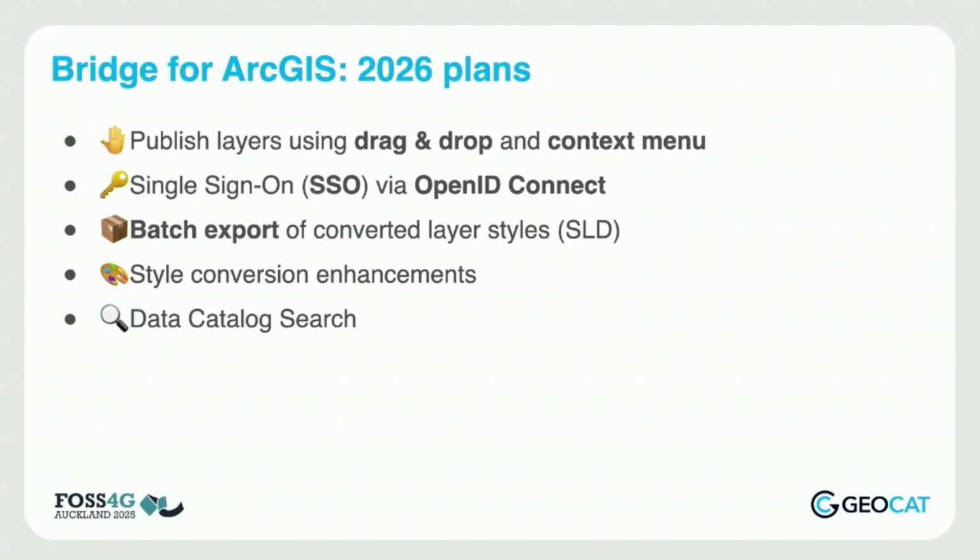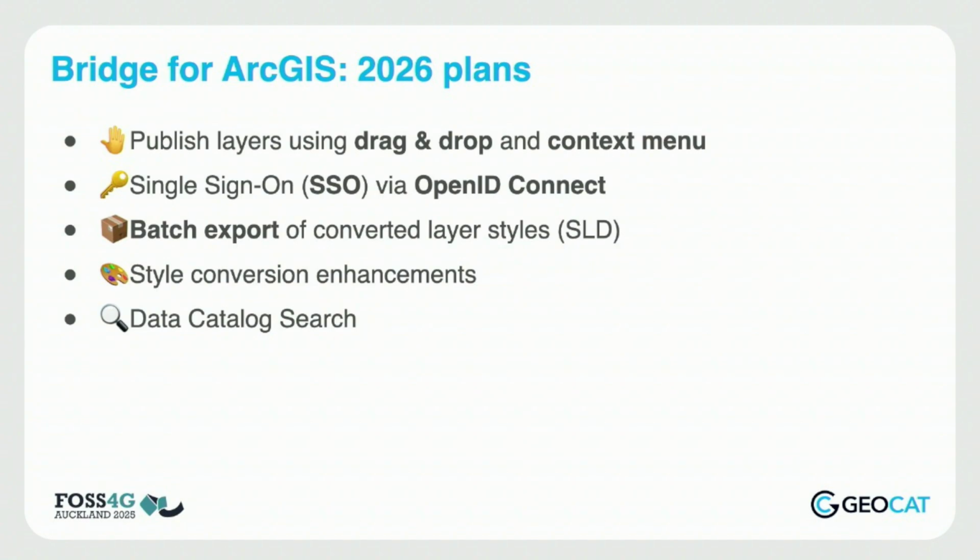Plans that we have for the coming year are to publish using drag and drop and the context menu. So really, you have your local data, drag it onto the server, and it will do the whole process of publishing without any panel in between.